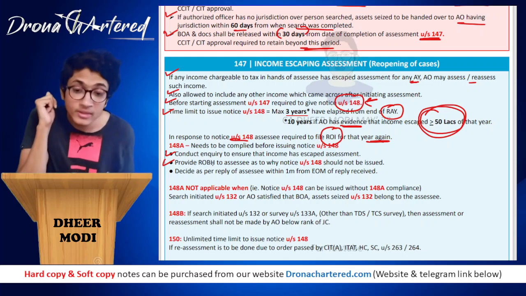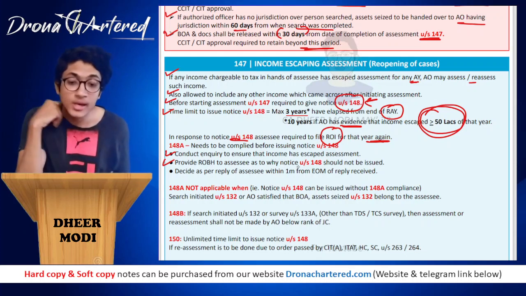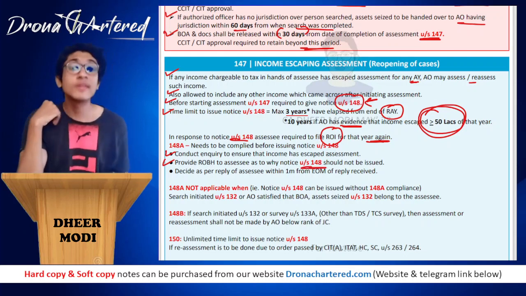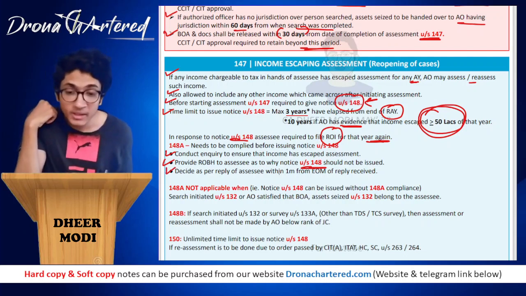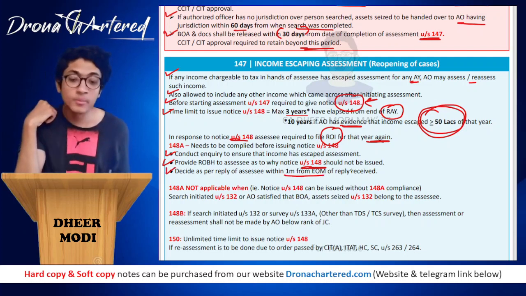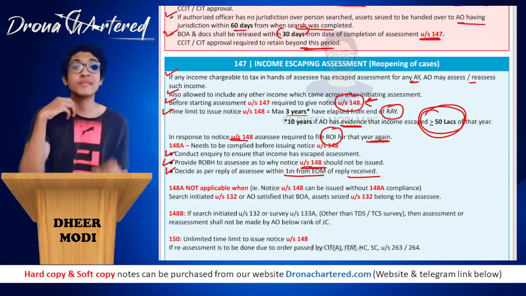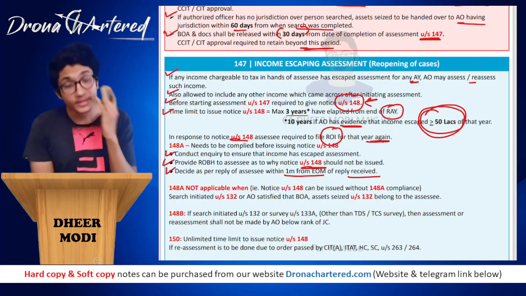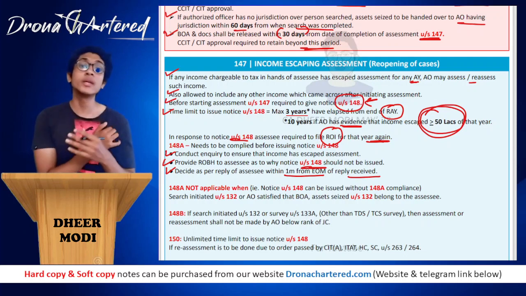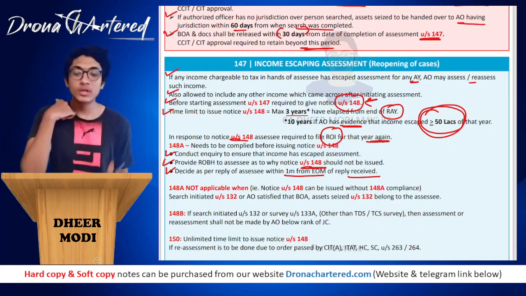You have to provide a reasonable opportunity of being heard to the assessee as to why notice under section 148 shall not be issued, and decide as per the reply of the assessee within 1 month from the end of the month in which the reply is received. That means within 1 month from the end of the month in which the assessee has replied, you have to decide whether to issue notice under section 148 or not.